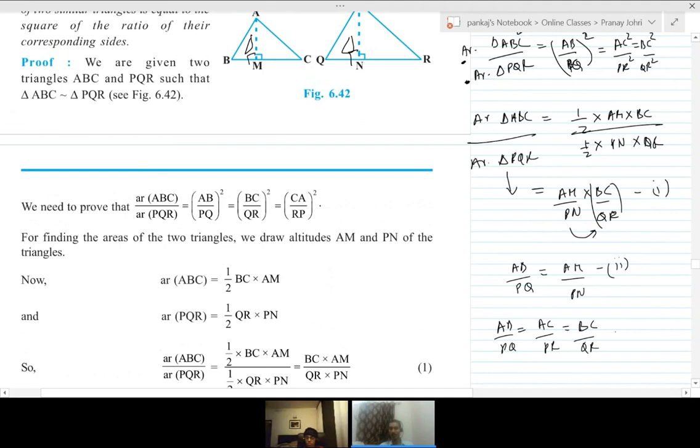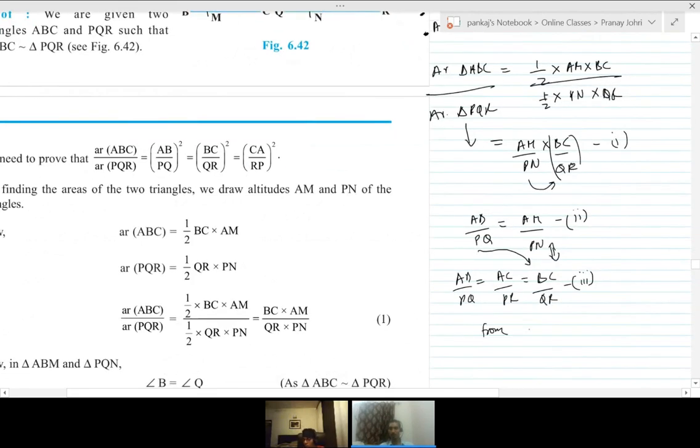Can we write this corresponding to these two? So from 2 and 3 we have BC by QR.